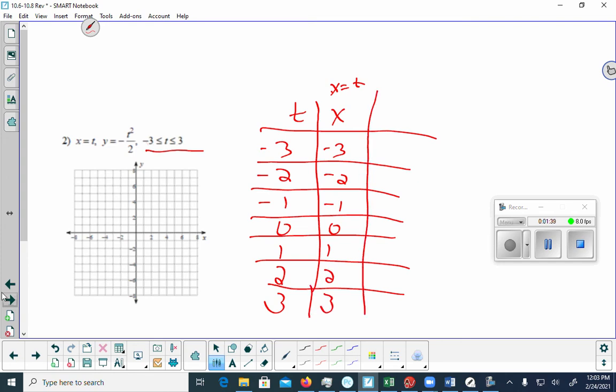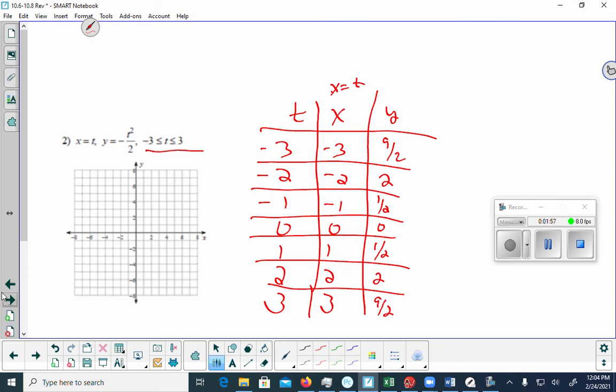And then for y, I'm going to have t squared over 2, so this will be 9 over 2, 4 over 2, which is 2, 1 over 2, 0, 1 over 2, 2, and then 9 over 2.